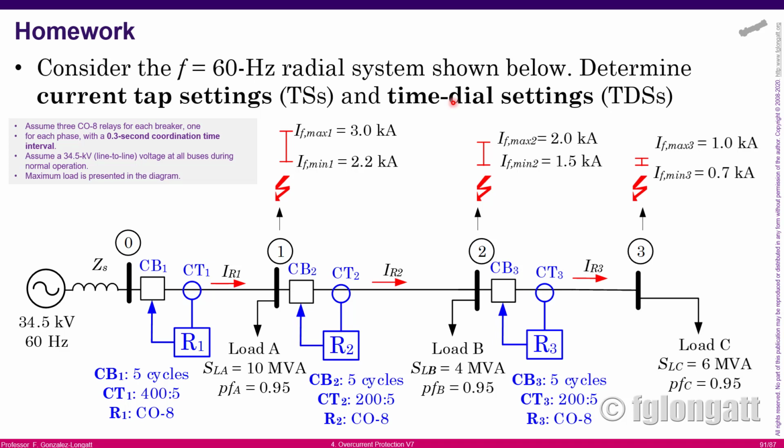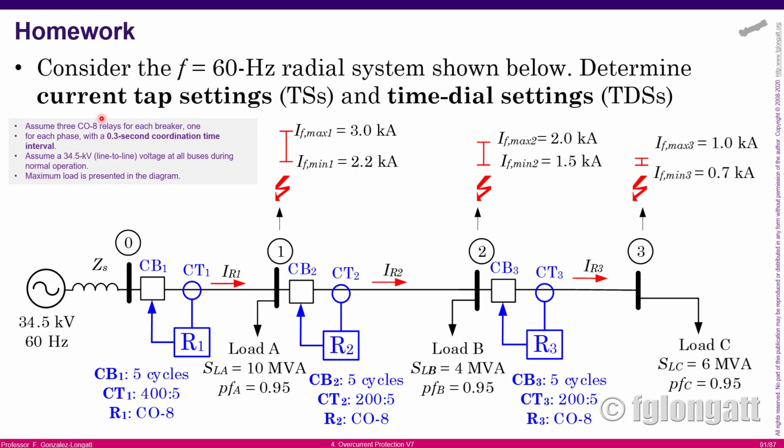My students, you must take into account that in this case we are using the old electromechanical protections, the CO8. And the overshoot that we want to use for coordination is 0.3 seconds, okay?